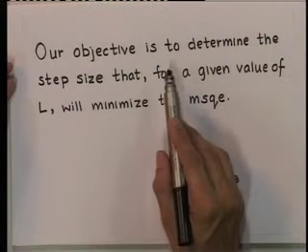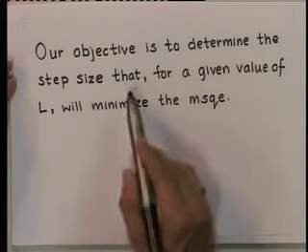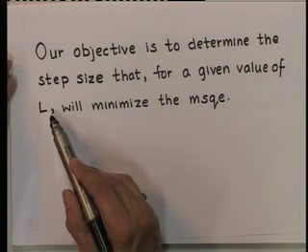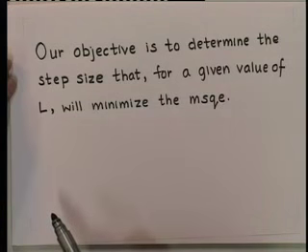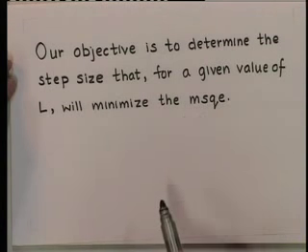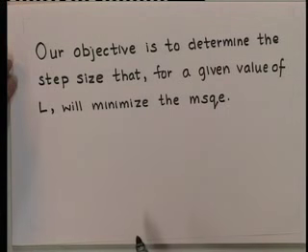Therefore, somehow we must include the PDF in the design process of a quantizer. So, our objective is to determine the step size that, for a given value of L, that is the number of levels of the quantizer, will minimize the mean squared quantization error.